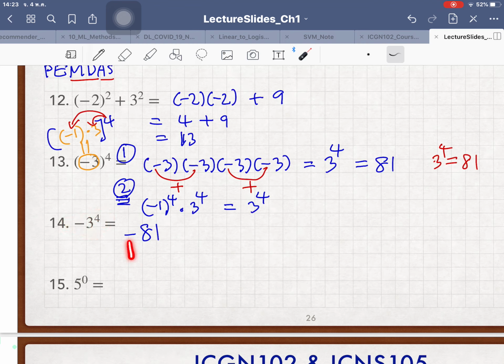So the answer needs to be this negative number, minus 81. Now for the last problem, whenever the power is 0, don't think too much. You just write the answer right away, that it will be equal to 1. So that's it.